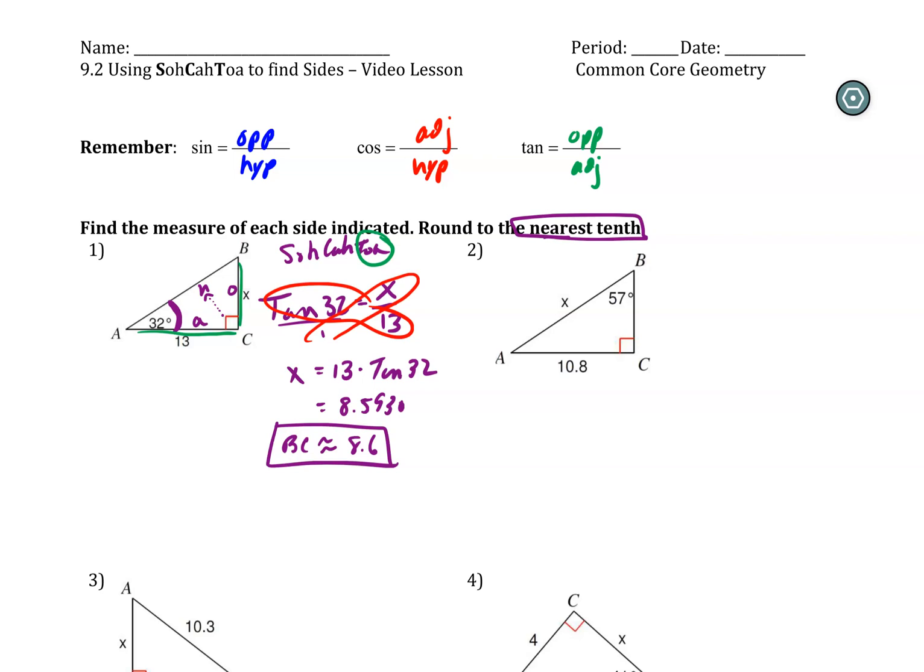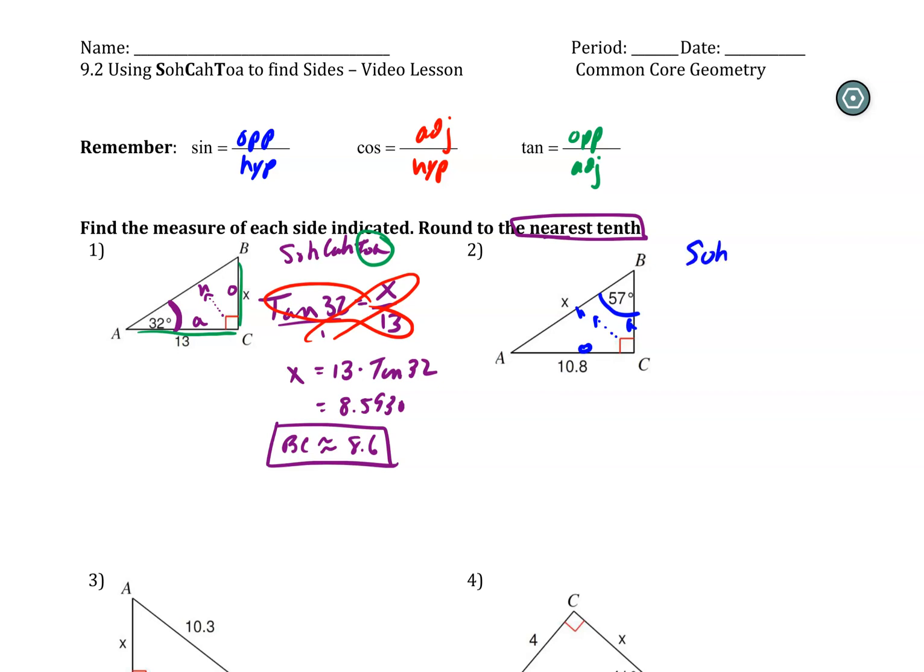All right, let's do number 2. Now we're looking at angle B, our 57-degree angle. With respect to this, across is opposite, across from the right angle is your hypotenuse, and that makes the other side adjacent. So I have opposite and I'm looking for hypotenuse.